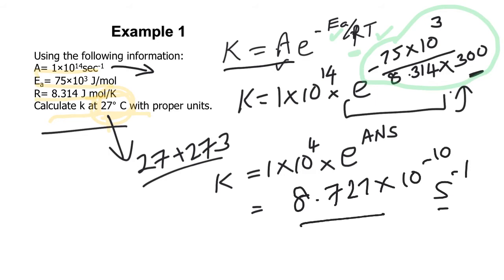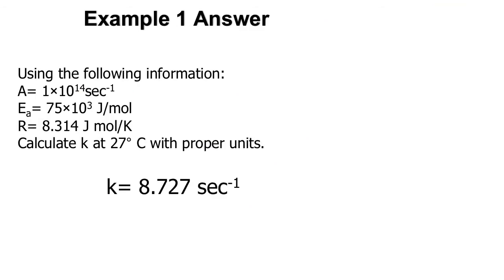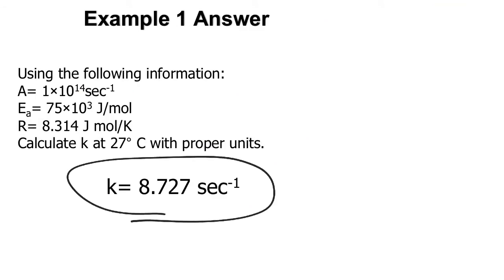However, this value here is given to two significant figures, so I'm going to round this to two significant figures. 8.7 times 10 power minus 10 per second is your answer. Here you go, we got this answer, but this was given to four significant figures.